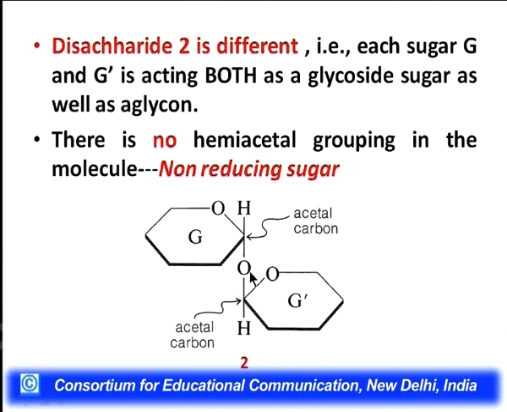So neither of the hemiacetal groups is exposed. Hence this sugar is a non-reducing sugar. That is, it will not give us a test with Tollens' reagent, Fehling's reagent or Benedict's reagent.